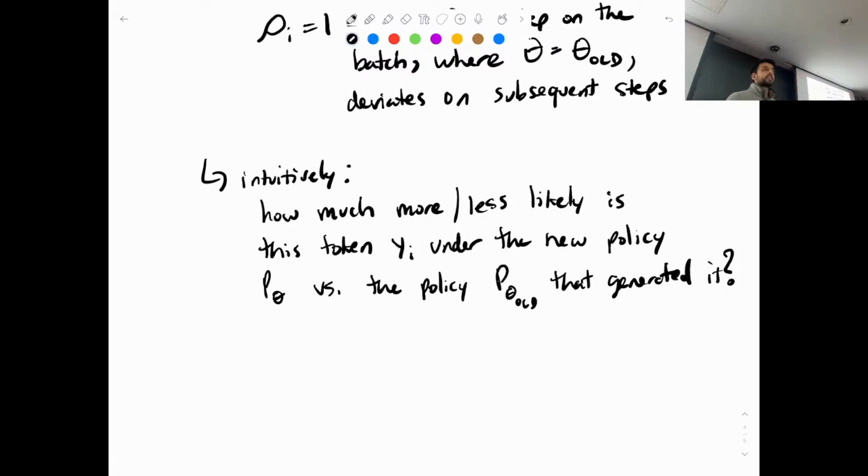Without computing the policy ratio and clipping it, people were starting to observe very unstable training. RL itself is a very, very tricky and unstable algorithm. It depends on so many things, right? How good is your reward model? How good is your value function?